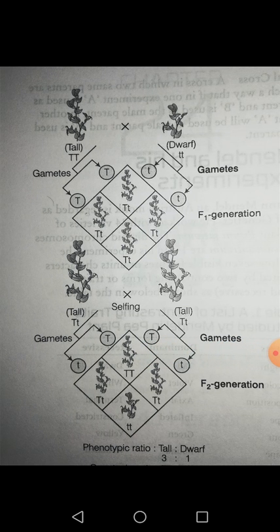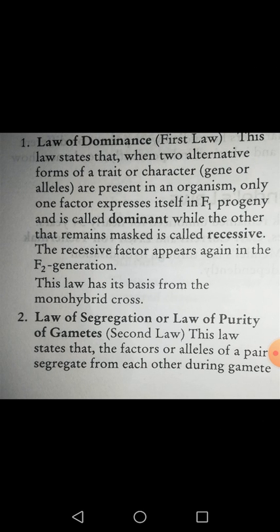You will not observe any dwarf plant in the F1 generation. It means only one of the traits expresses itself, and the trait which expresses itself is called the dominant trait, and the trait which is unable to express itself is called the recessive trait. So here the tall trait is dominant, and dwarf, which is unable to express itself, is called recessive. So this is the first law, the law of dominance.